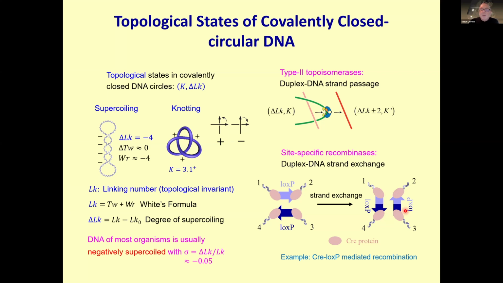So those mechanisms are reasonably well understood, with some caveats, as you'll see, in terms of what they do to knot type, but not so well understood in terms of what they do to DNA twist.